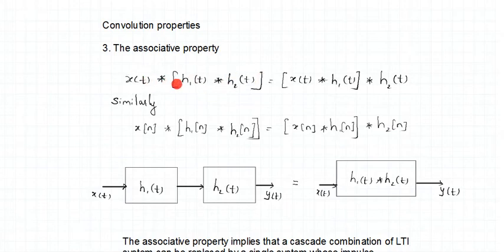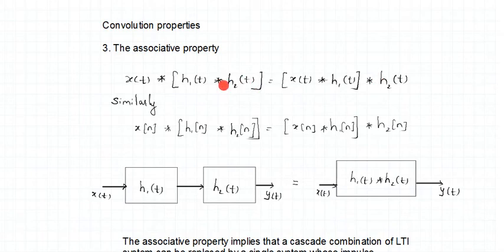Whereas associative property says this operation is equivalent to performing x(t) convolved with h1(t) first, and the result of this convolution you then convolve with h2(t); you get the similar result. So the order in which you perform the convolution doesn't matter, you get the similar results.